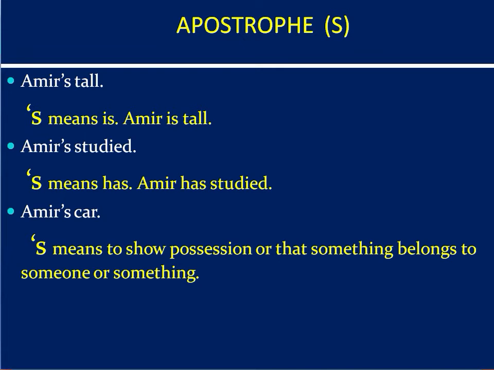Amir has studied. This is a present perfect sentence. Over here S means has. Amir has studied, and we are writing it with apostrophe S in short form, or with a contraction.